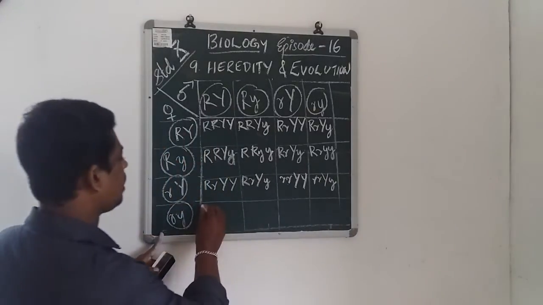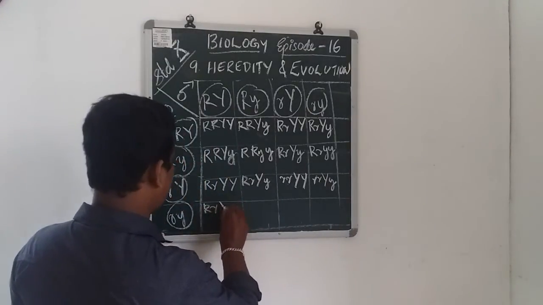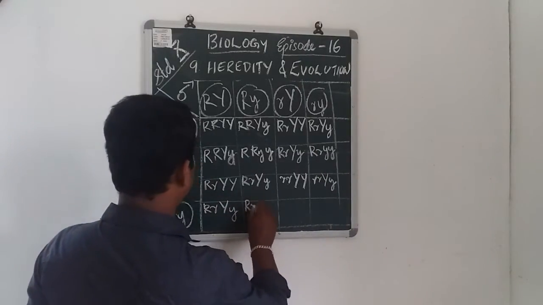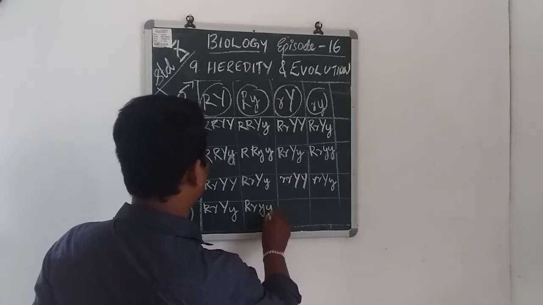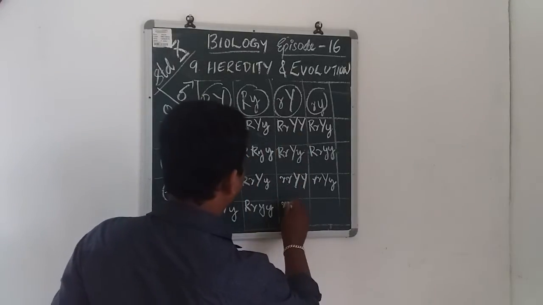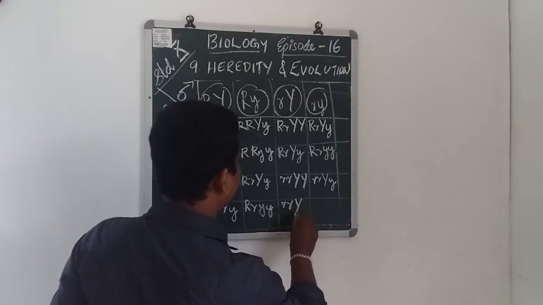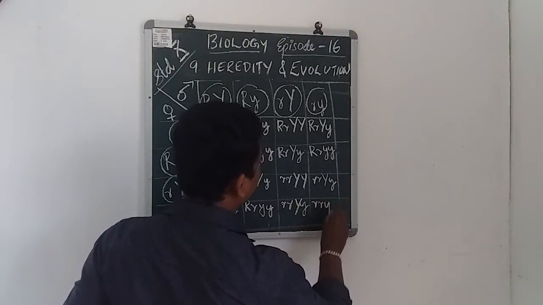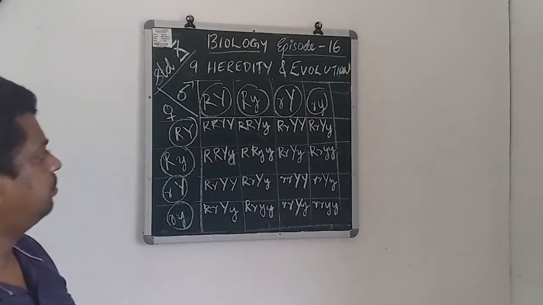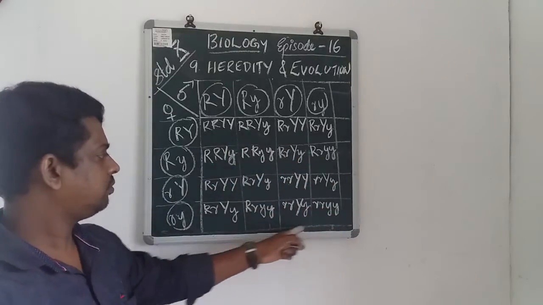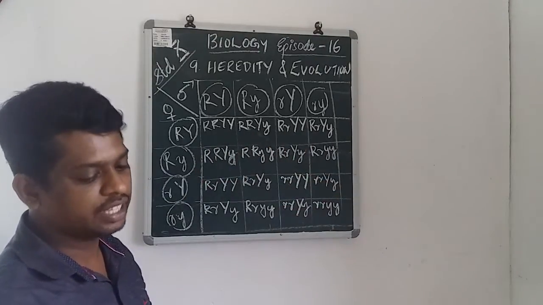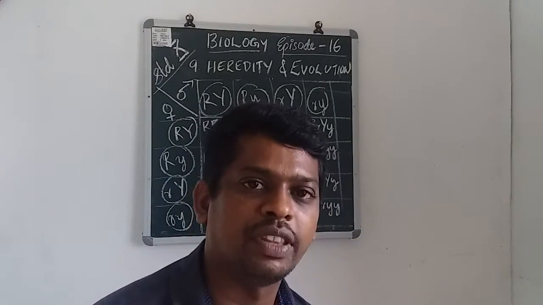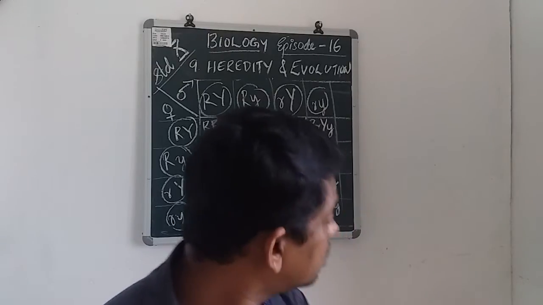This one, capital R, small r, capital Y, small y. This, capital R, small r, small y, small y. Then this one, small r, capital Y, small y. And this one, small r, small r, small y, small y. These are the offsprings. These are the offsprings of F2. And you just notice it.